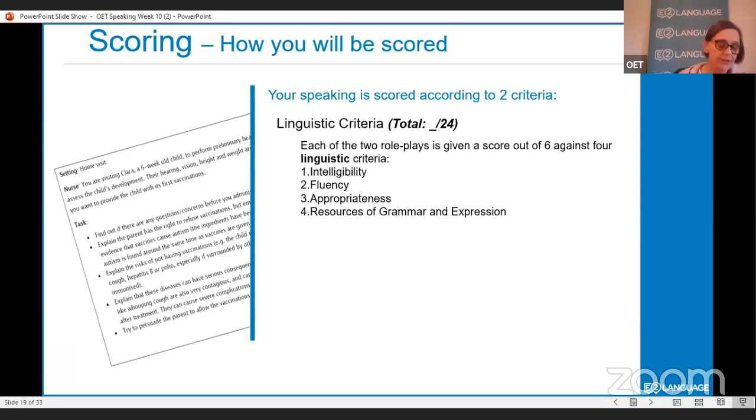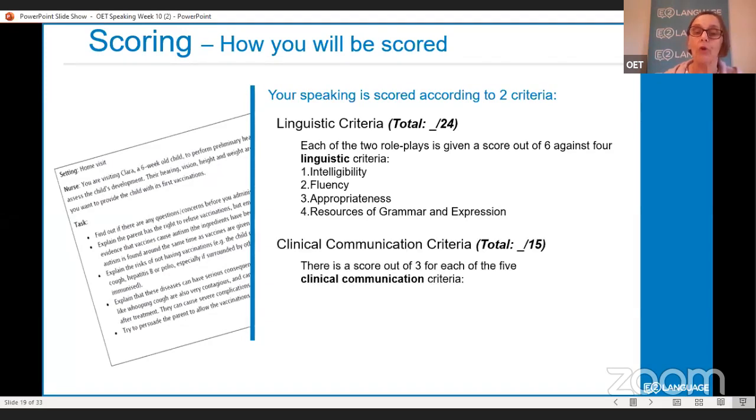And in fact, I was just listening earlier, there was quite an interesting live program. I'm not sure if they're recorded on the OET website about those things. Yeah, one of their classes. And then we've got the clinical communication criteria. What are they? So we talked about building that relationship. There's 5 of them. I know they're only worth 3 marks.